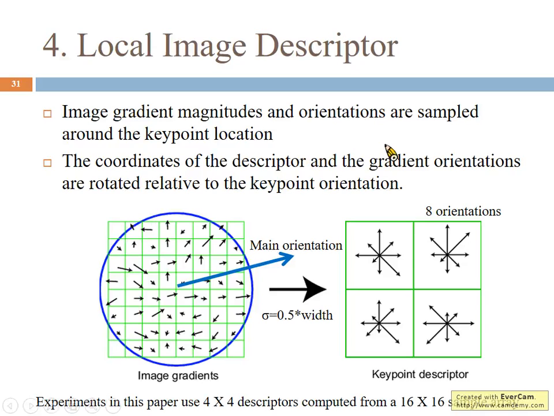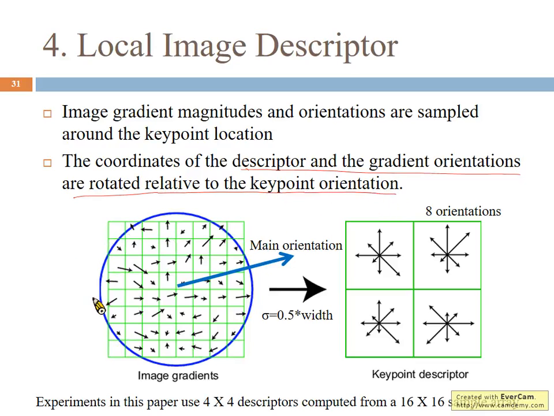After determining the main orientation of each key point, we now can finally design the local image descriptor. The image gradient magnitude and the orientation are sampled around the key point location, and the coordinate of the descriptor and the gradient orientation are rotated relative to the key point orientation.